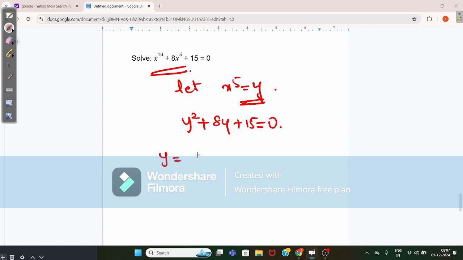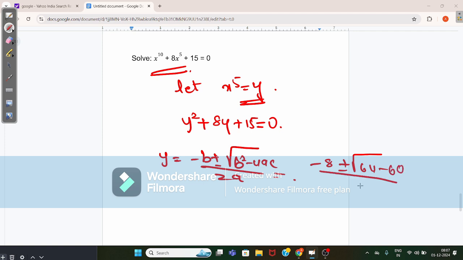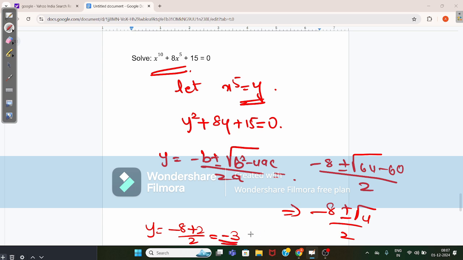Find the roots: y equals minus b plus or minus root of b square minus 4ac by 2a, which gives minus 8 plus or minus root of 64 minus 60 by 2, that is minus 8 plus or minus root 4 by 2. So y equals (minus 8 plus 2) by 2, which is minus 3, and y equals (minus 8 minus 2) by 2, which is minus 5.